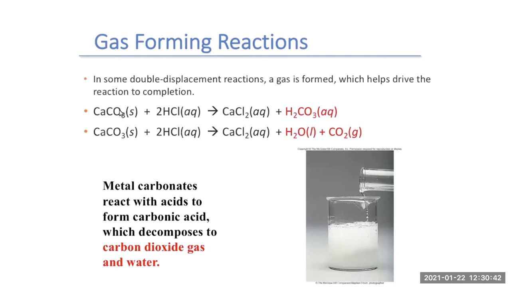So a metal carbonate, such as calcium carbonate here, when it reacts with an acid, it'll give you calcium chloride plus carbonic acid. So carbonic acid is the key. If you see carbonic acid, it's a very unstable compound. Carbonic acid will always decompose, another type of reaction we have, into water and carbon dioxide.